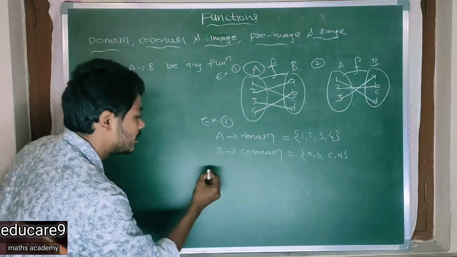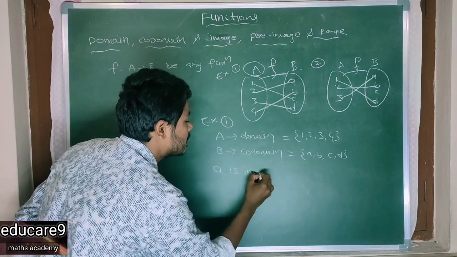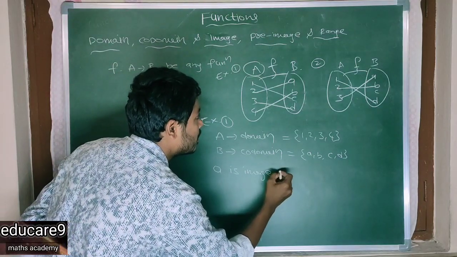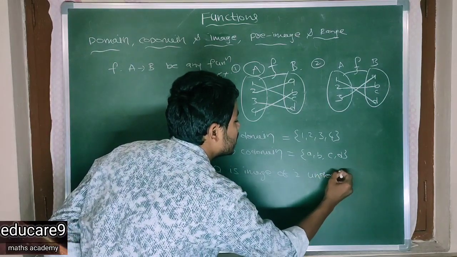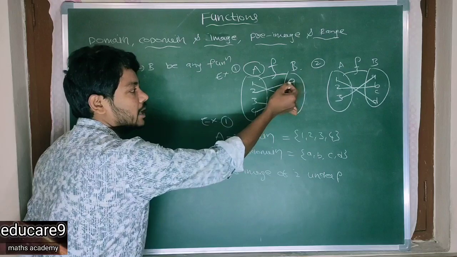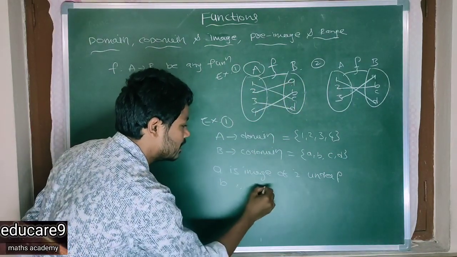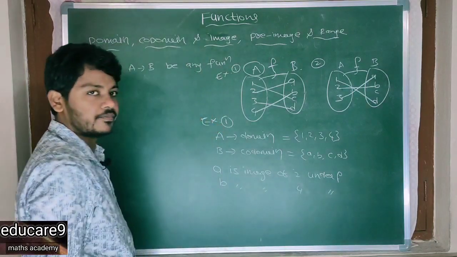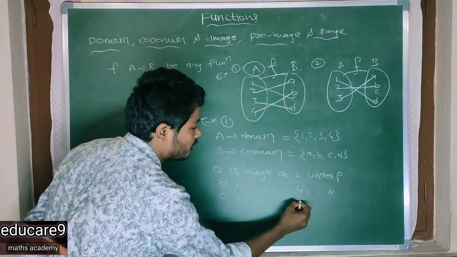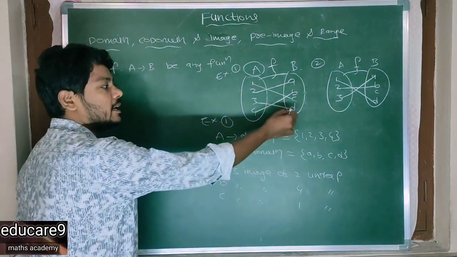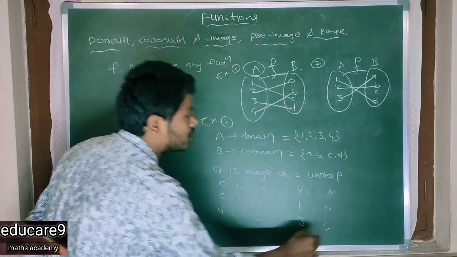See here, A is the image of 2 under f, and B is the image of 4 under f. And C is the image of what? 1. C is the image of 1 under f. And similarly D is the image of 3. D is the image of 3 under f.